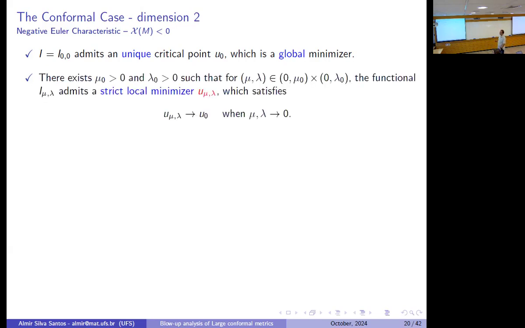And for small perturbation, you have a strict local minimizer by the previous results, which I'm calling u_mu,lambda, which satisfies this convergence when the parameters go to 0, because all these functions are local minimizers, and u_0 is the only local minimizer for the parameters mu and lambda equal to 0. So you have this convergence.